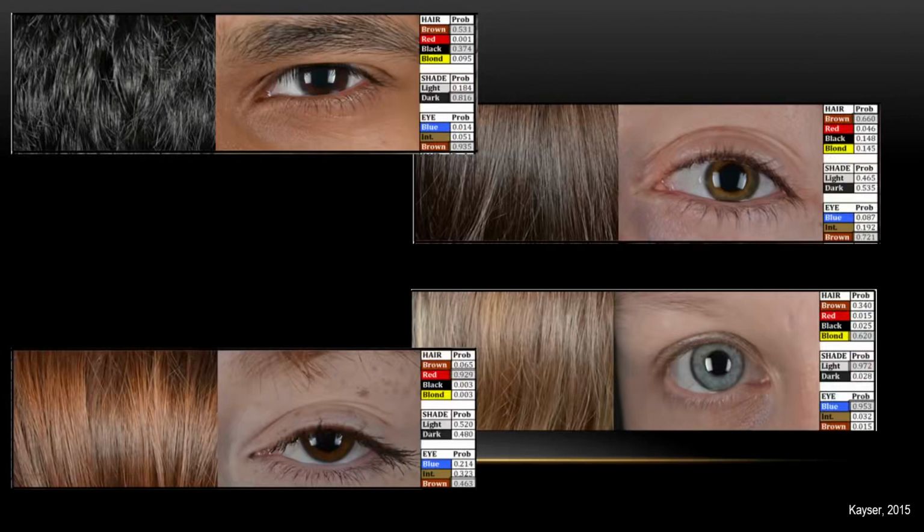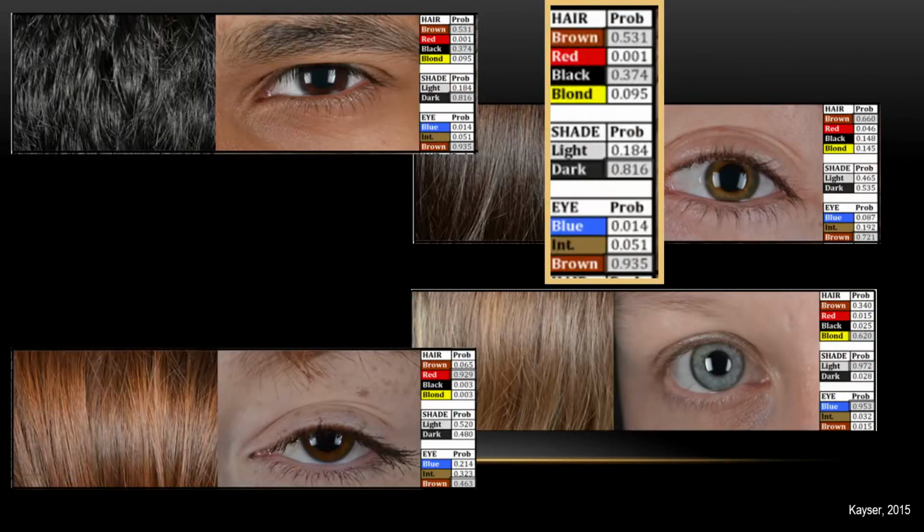To check for this more closely, here are some examples from a paper by Kaiser et al. And you can see here that for the brown hair, this was not quite as sure. So it was something between brown and black. The dark shade of the skin, however, was determined correctly at about 80% certainty.